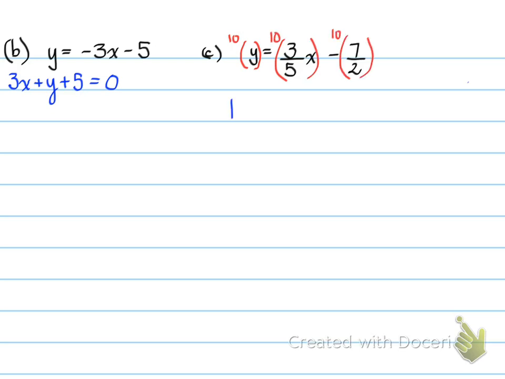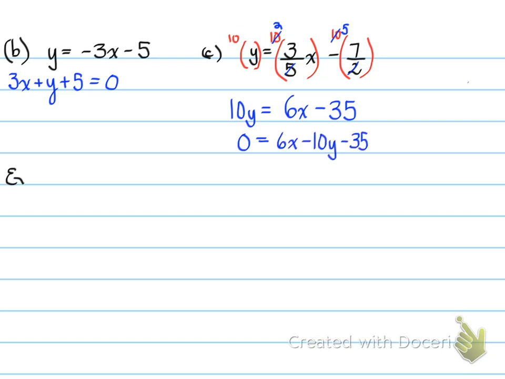So we multiply by 10, and we get 10y equals 10 times 3 divided by 5, which is 6x, minus 10 times 7 divided by 2, 35. So we have 10y is equal to 6x minus 35. So we move to the side where x is positive. That will be the right side this time. And we get 6x minus 10y minus 35 is our equation.